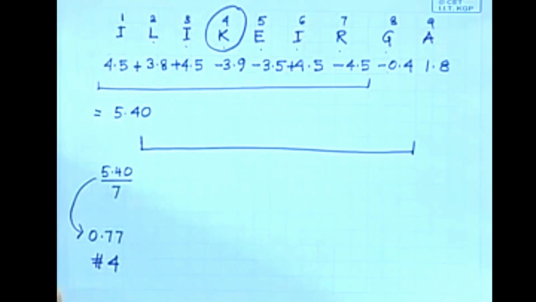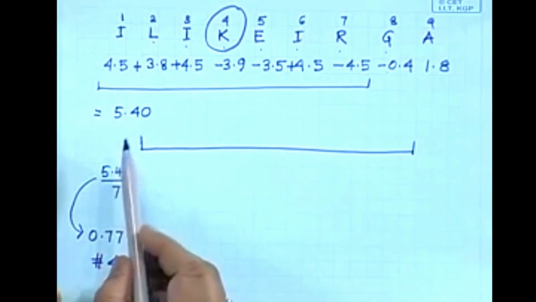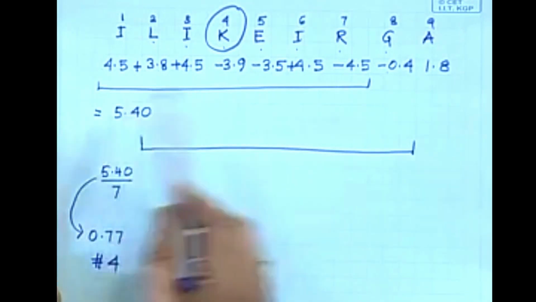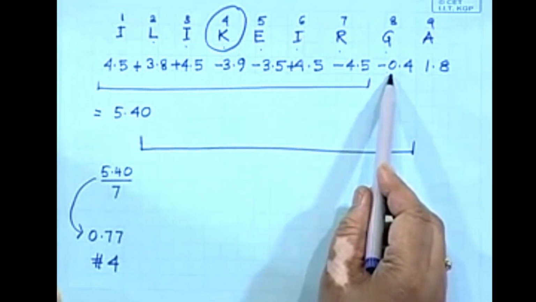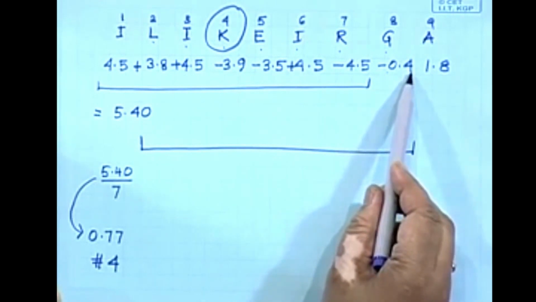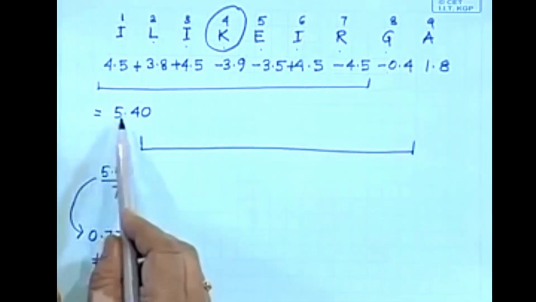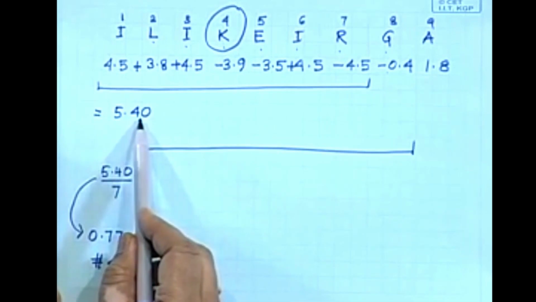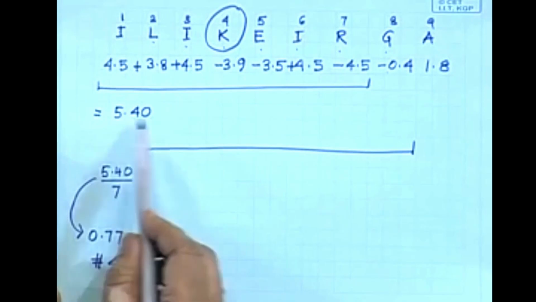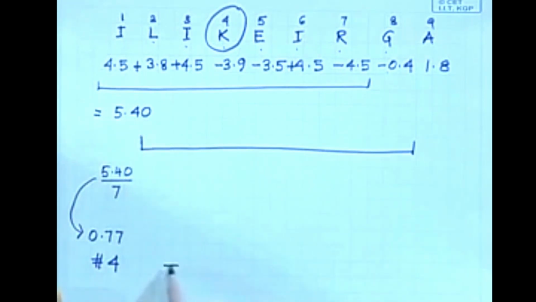right? If I take the other set, then what am I going to lose? I am going to lose 4.5 from this and add minus 0.4 basically. So what am I going to lose from 5.40? So what is my value going to be for number 5?